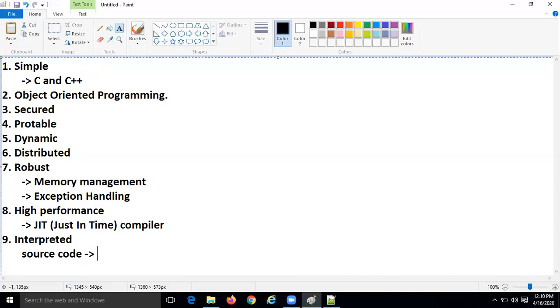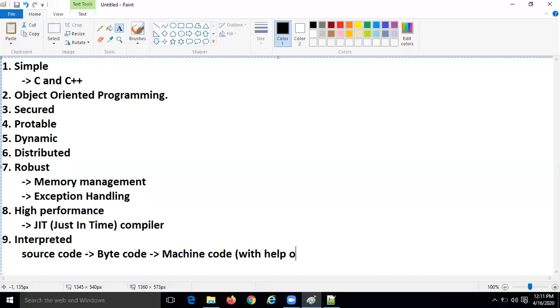If it is successfully compiled, it is converted into bytecode with the help of the compiler. Am I right? That bytecode no one is able to understand, it is in a human unreadable format. Okay. So this bytecode is converted into machine code. At the time of getting the result, it is converted automatically into machine code, with the help of what?